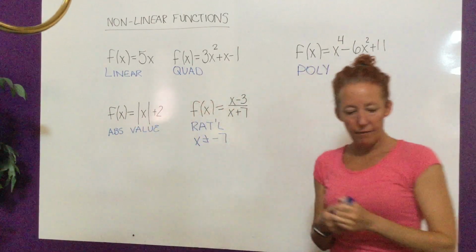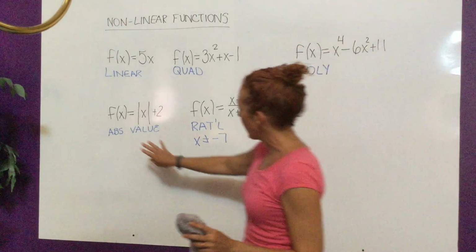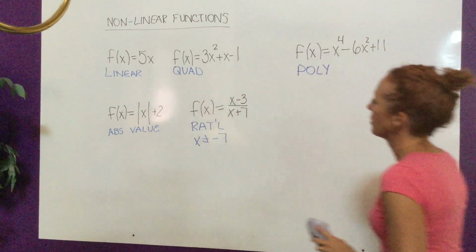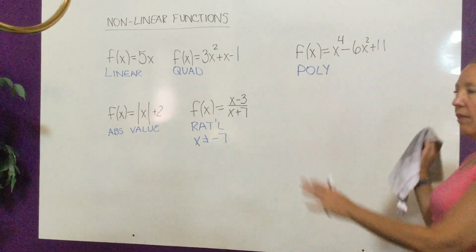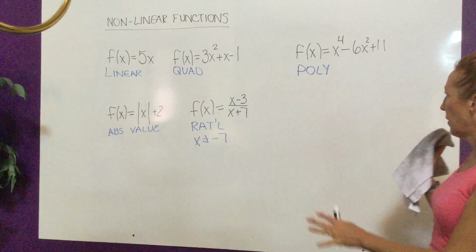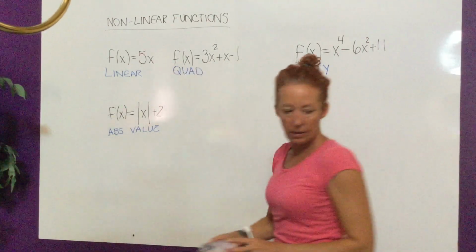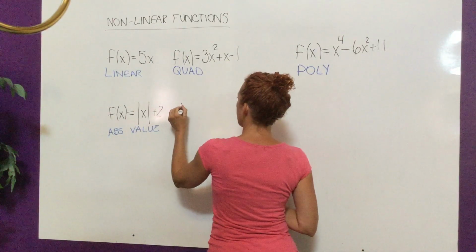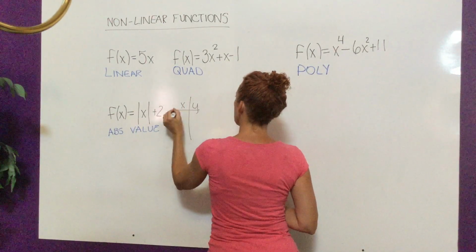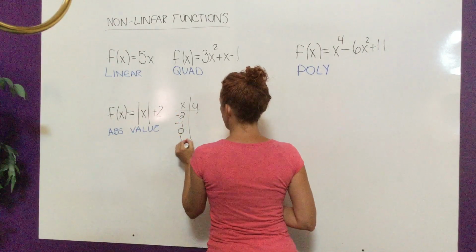And for whatever reason, your book kind of spends a little bit more time on this one and shows you how to graph it using a T-chart. So that kind of gives you an overview of how to tell which is which, or give you some practice. Let's graph this one because I mentioned that I would go over that with you. You get to pick the x's.